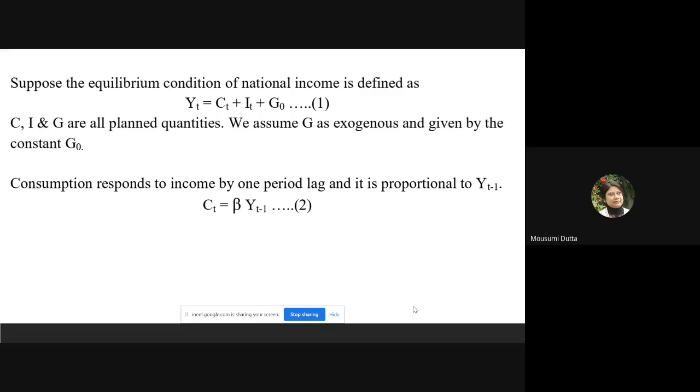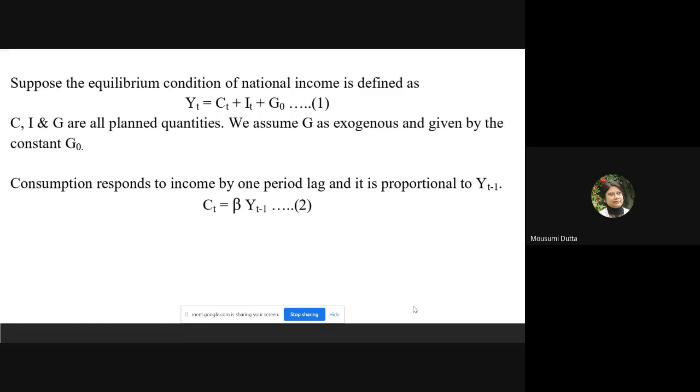Now here we assume G as exogenous. Okay, it is given to the economy. It is pre-decided, it is given. So while C, I, Y will be determined from the system, endogenously determined, G_0 is exogenously given here. Therefore, I'm using the term G_0, not G_t.